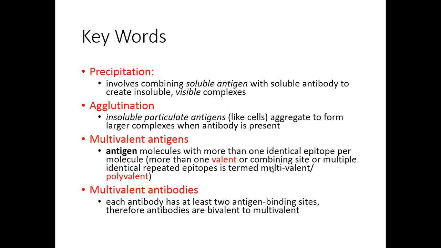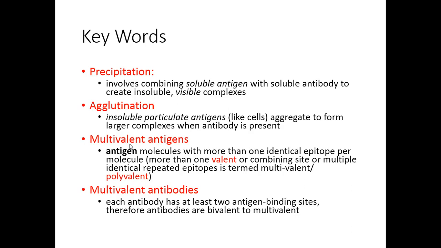It may not be the same antibody, maybe multiple antibodies, but being able to bind to that one larger molecule. Remember, those epitopes are identical and they're repeating epitopes. And that's when we're going to term them multivalent or even polyvalent. It means the same thing, but I think almost everyone uses the term multivalent.